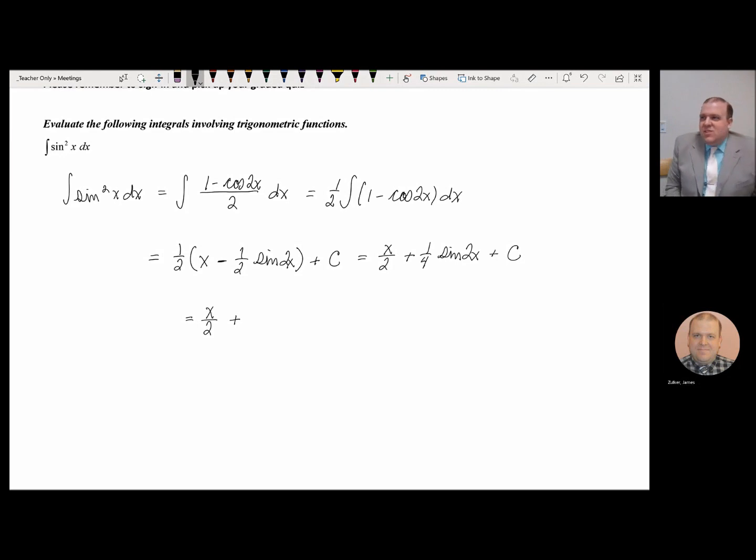The double angle identity for sine. So sine of 2x is 2 times sine x times cosine x. Why is that a plus? That should be a minus. That's probably what you'll see in the book.